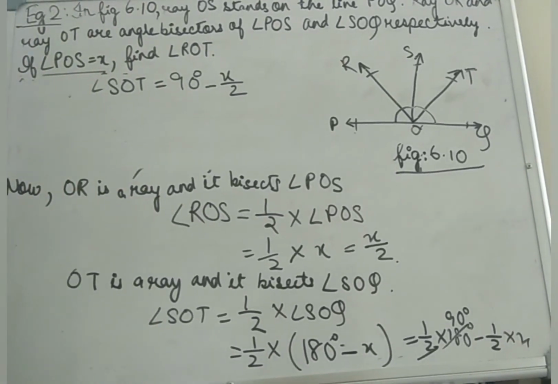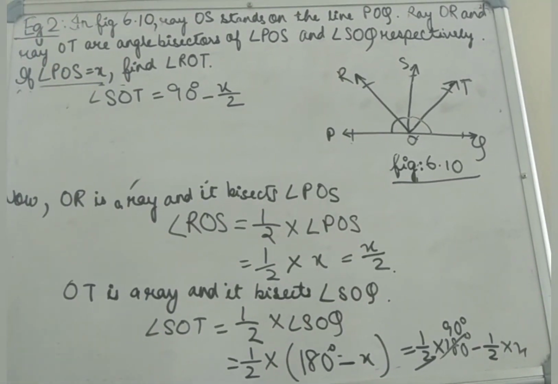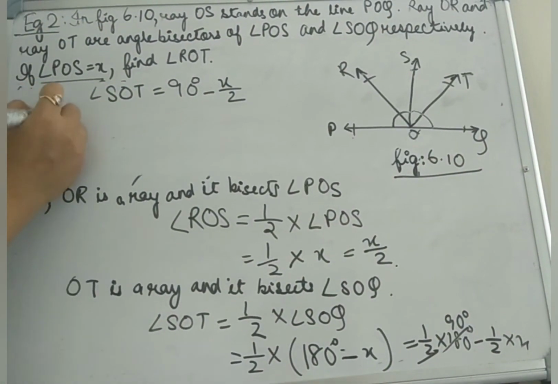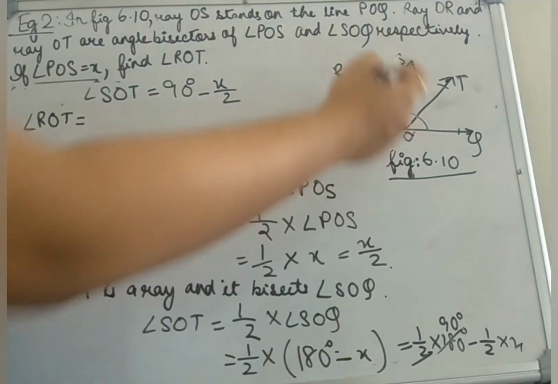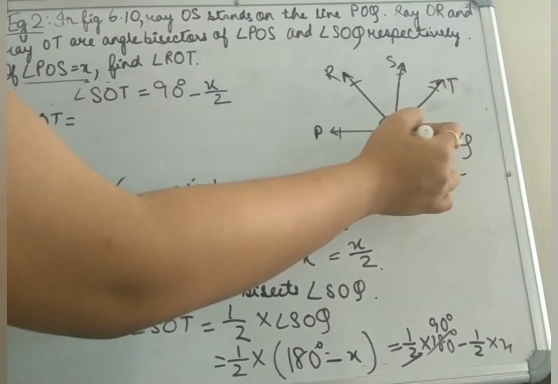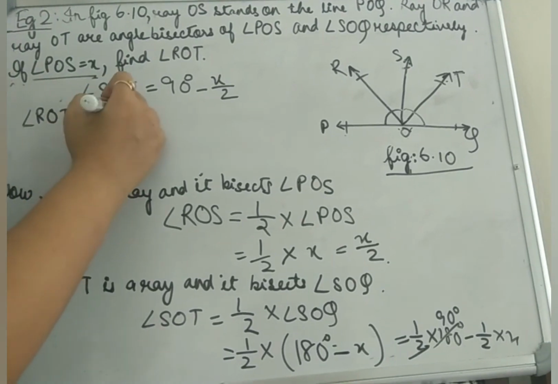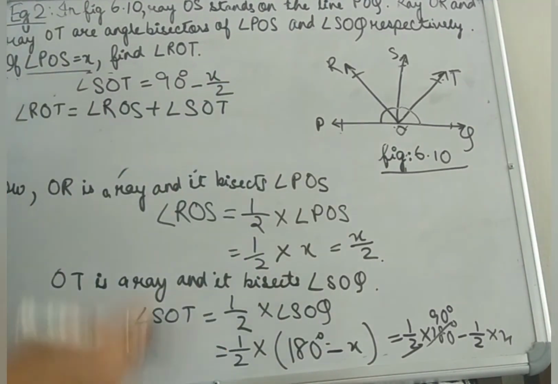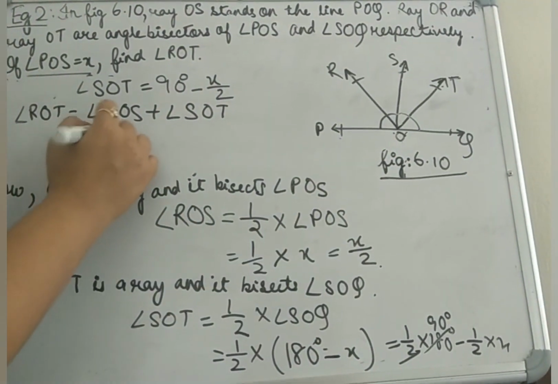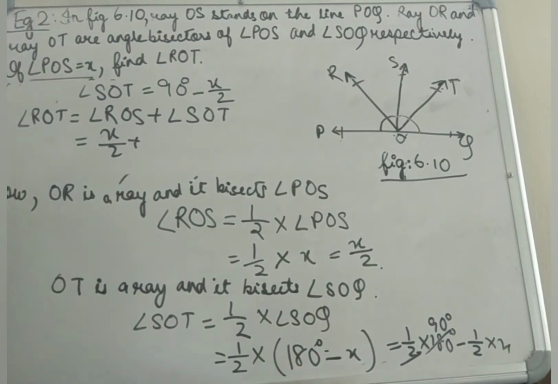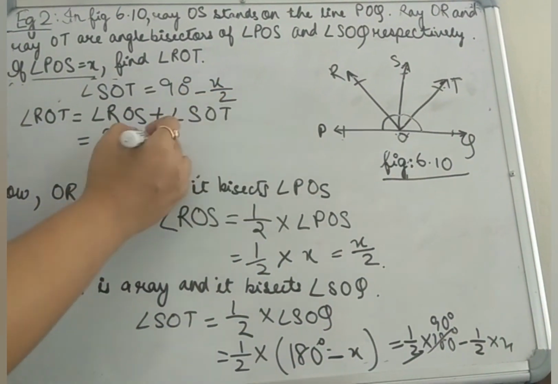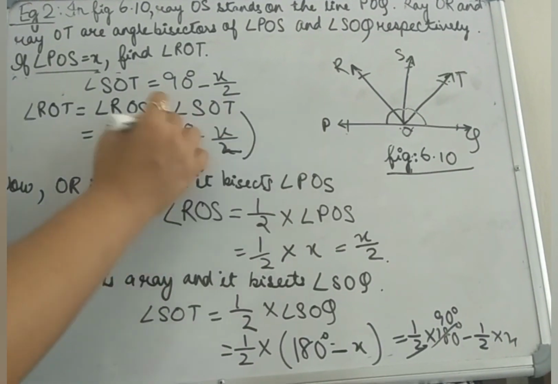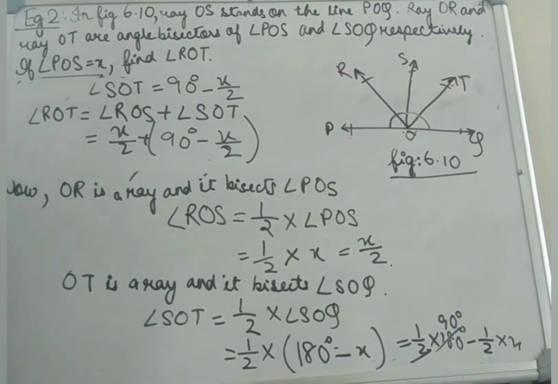Now finally, we have to find angle ROT. Angle ROT will be equal to angle ROS plus angle SOT. ROS we have got as X by 2 and angle SOT we have got as 90 degrees minus X by 2.